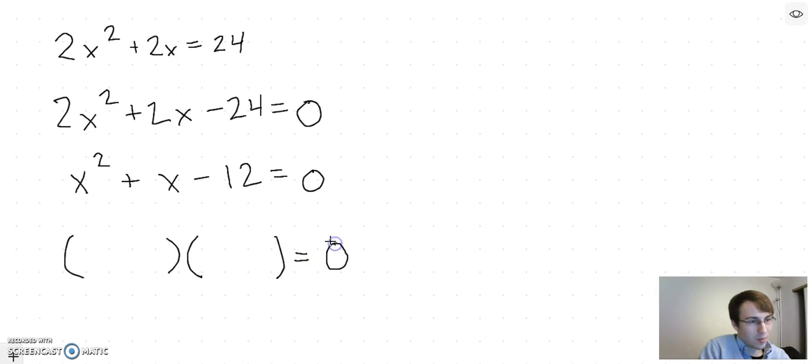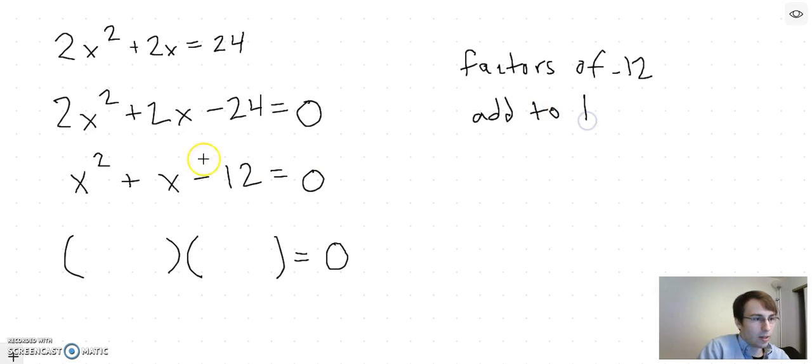This is always the problem with factoring. What are factors of negative 12 that add to 1, because this is a 1 in front of the x, you just don't really write it there.